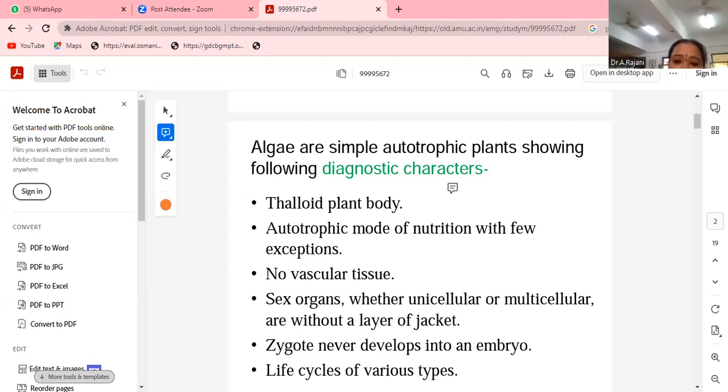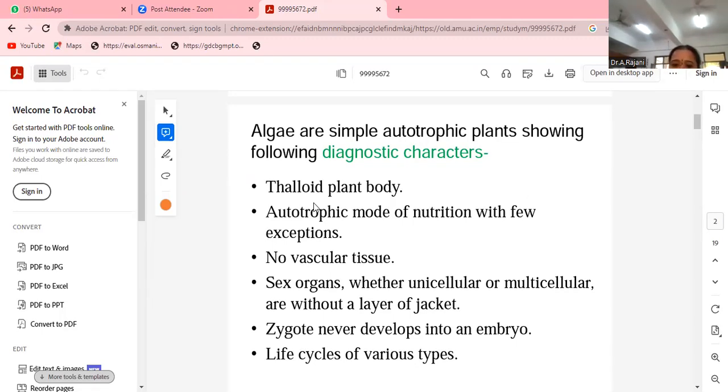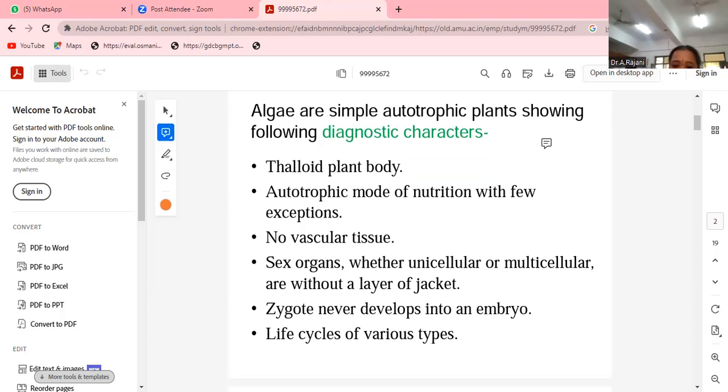In that, the main character of algae is autotrophism. The plant body is called thallus. Autotrophism is there, and the vascular system is totally absent, without embryo also.